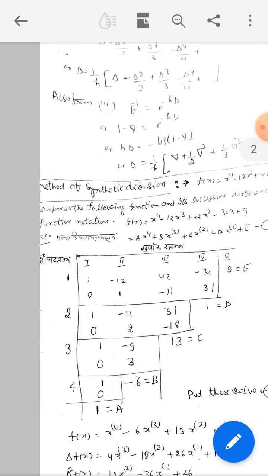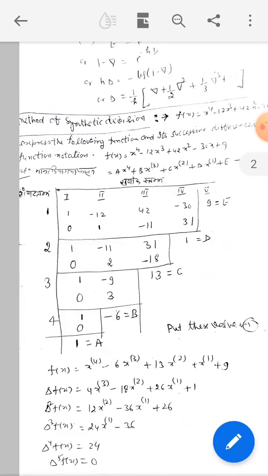Now we can write any equation in factorial function notation. This method is known as the method of synthetic division. Suppose f(x) is equal to x4 minus 12 x cube plus 42 x square minus 30x plus 9.